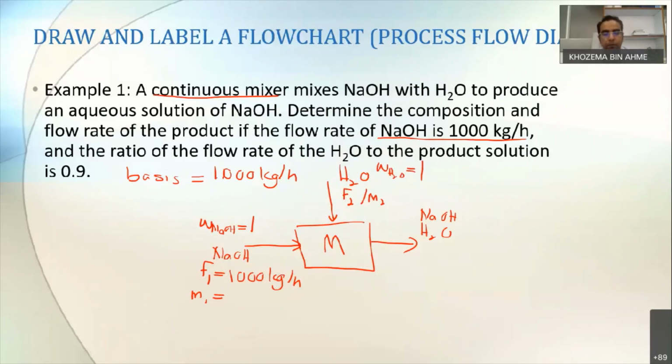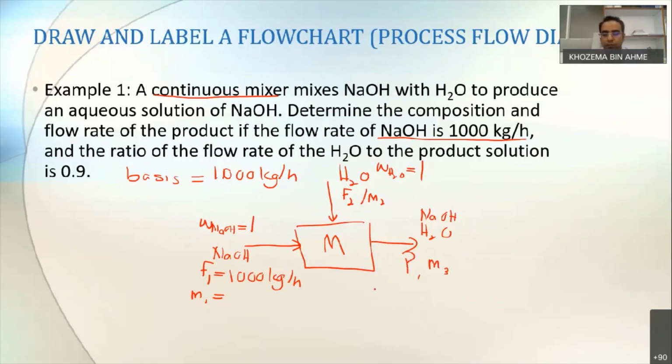Then I go to my third stream. Water and NaOH are mixing and producing an aqueous solution, meaning that it has some NaOH and some water. That's why we want to find the composition, right? Determine the composition and flow rate. In terms of the flow rate, since this is my product, I can write it as P or as M3.